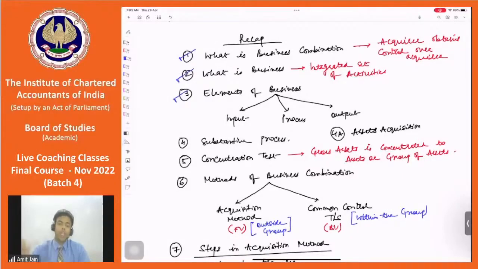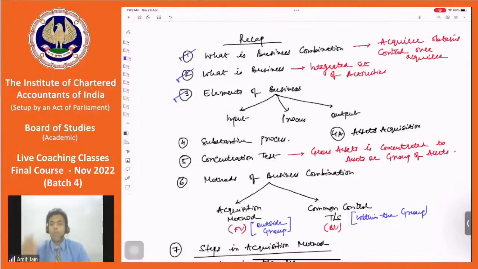Then I need to check which other standard is applicable on that transaction. If there is no standard applicable on that transaction, then I need to apply generally accepted accounting principles. So it is very, very important to apply the definition of business to check and evaluate whether the definition is getting satisfied in a particular transaction or not.